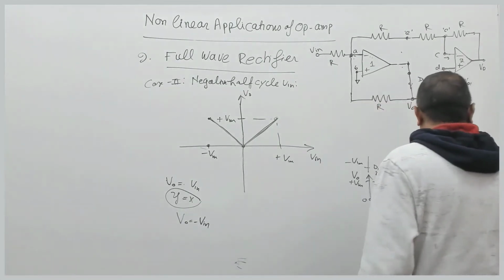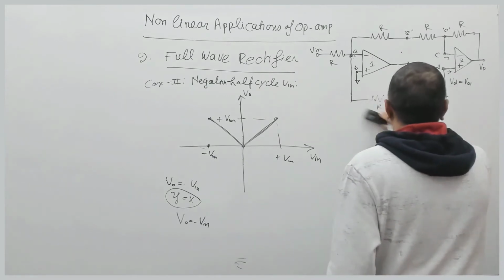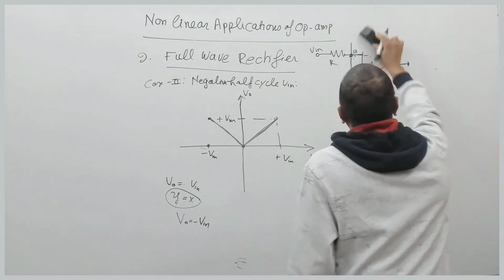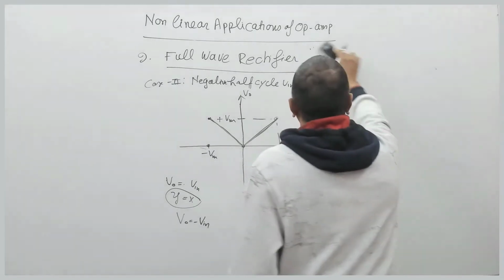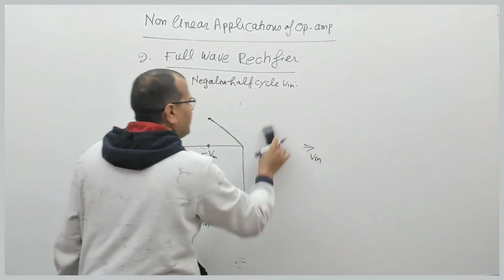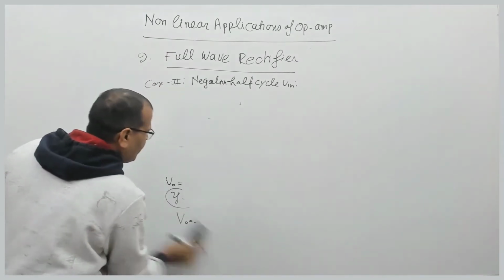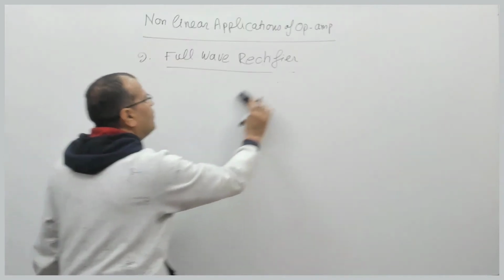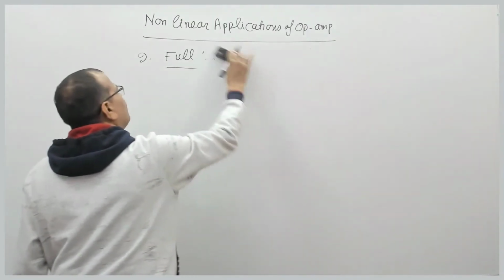Now, sometimes in the GATE exam or in some exams, your full wave rectifier may be obtained by using two half wave rectifiers, right? So I may be using two half wave rectifiers to implement a full wave rectifier. Let us see how it is possible.